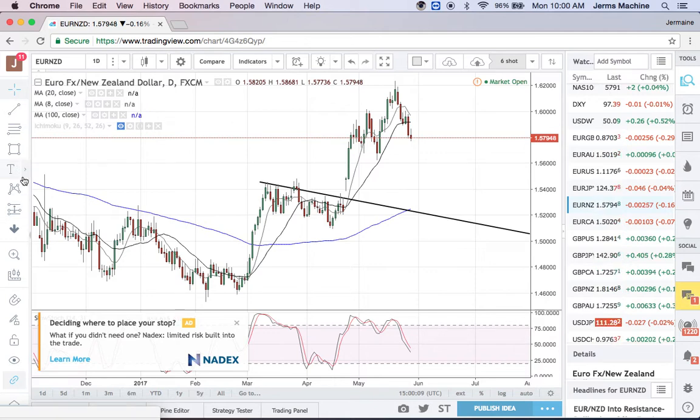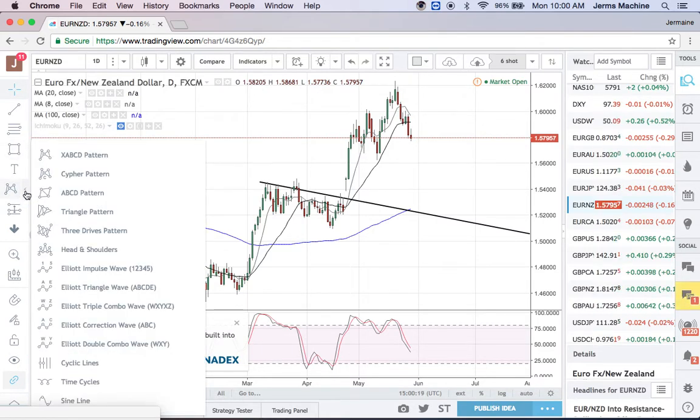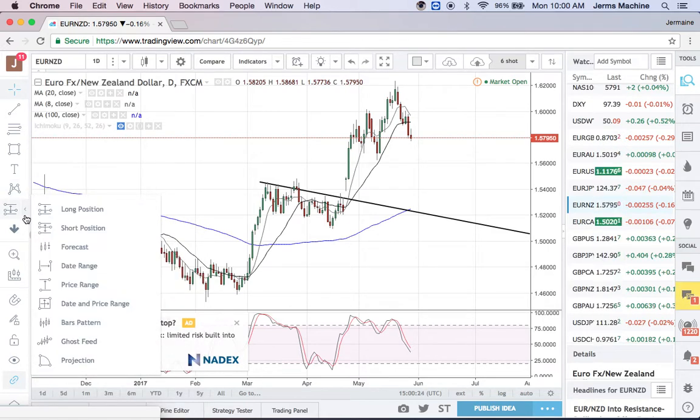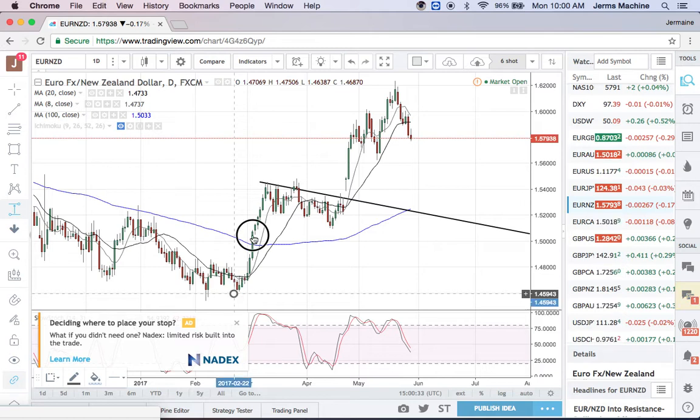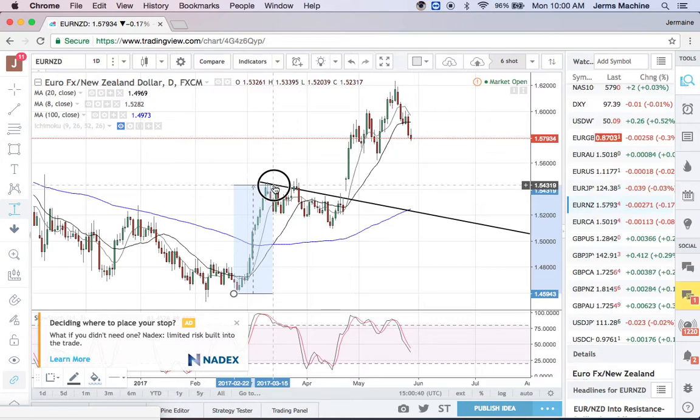Let's see if we got that. Where's my measuring tool? So this move was 1,000 pips, 45.94 to 54.